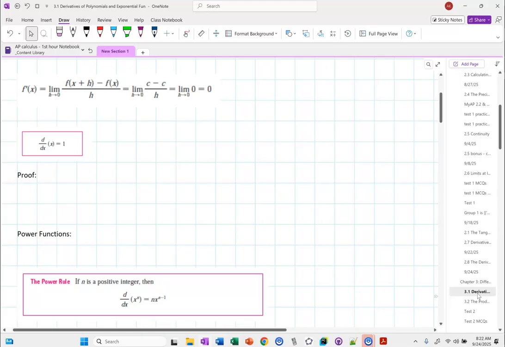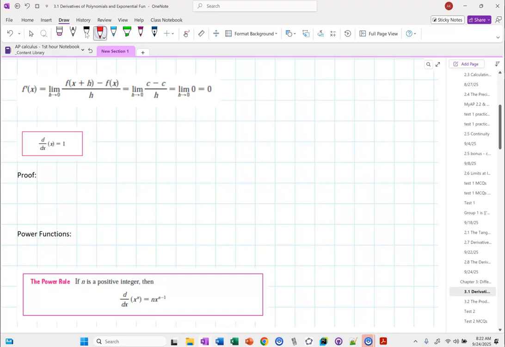Next one, the derivative of x is just 1. Well, the proof of that, there's my limit definition.